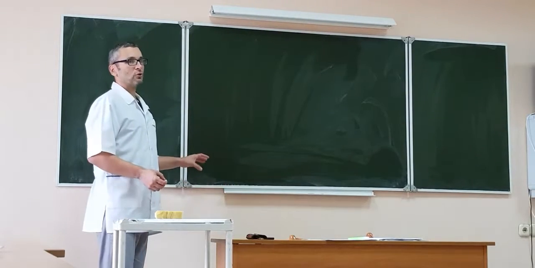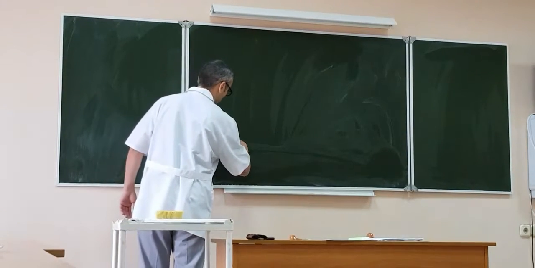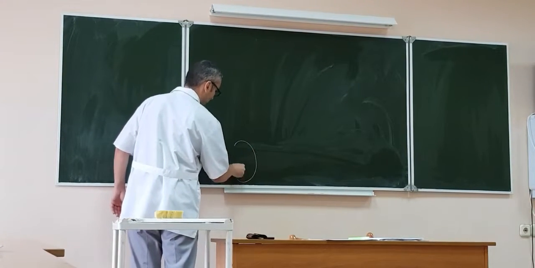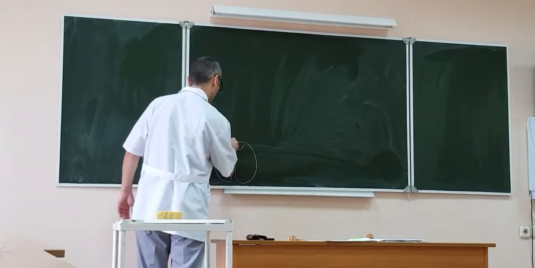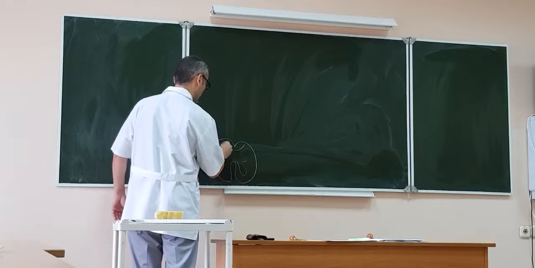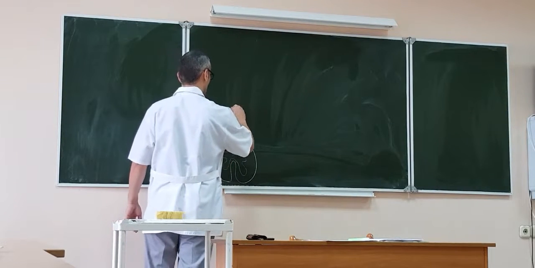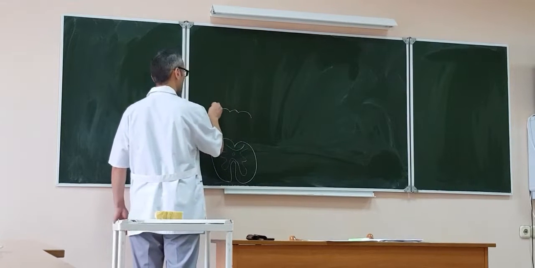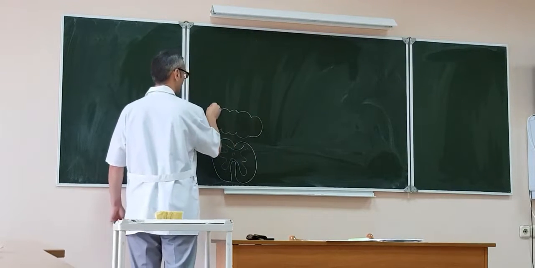As usual, you have to draw this transverse section of part of the brain. First of all, let's begin from the spinal cord. There is the spinal cord. Above the spinal cord, you have the medulla, like that.